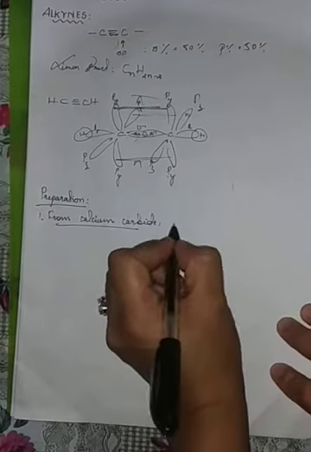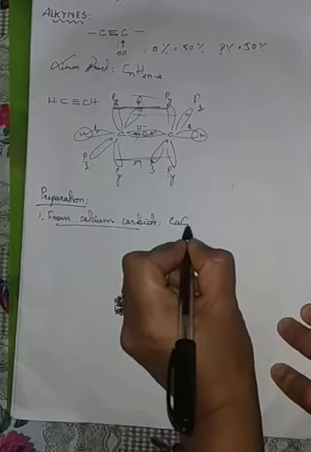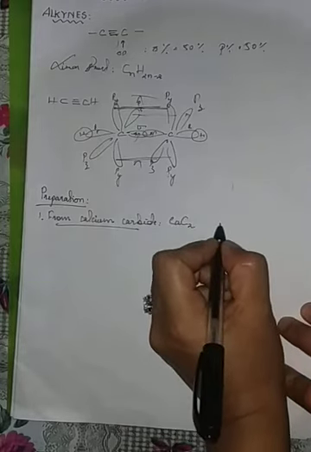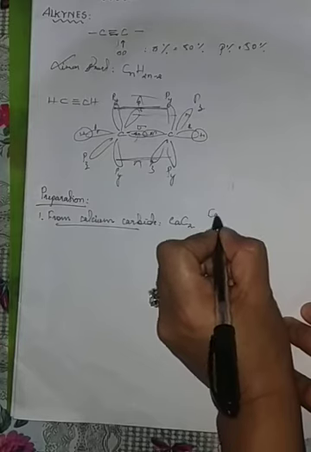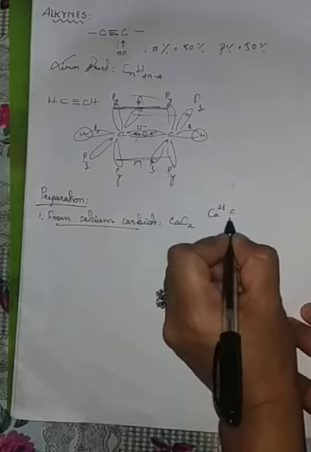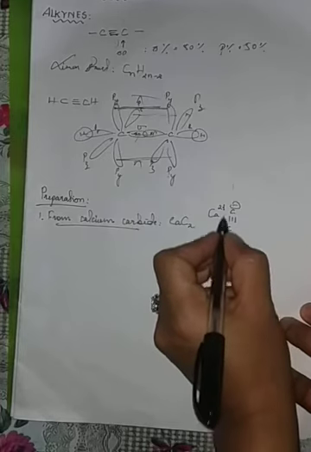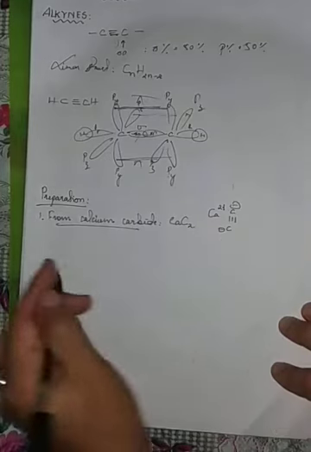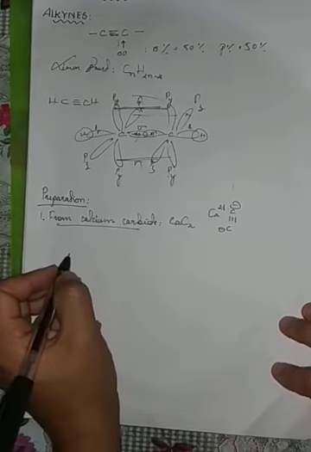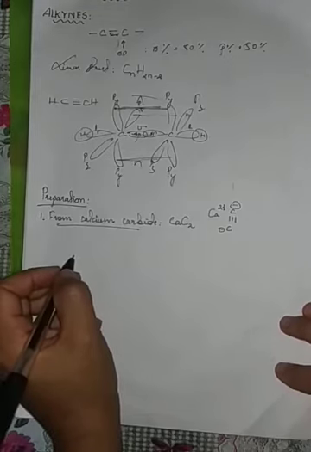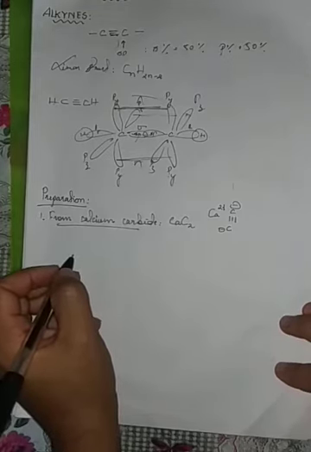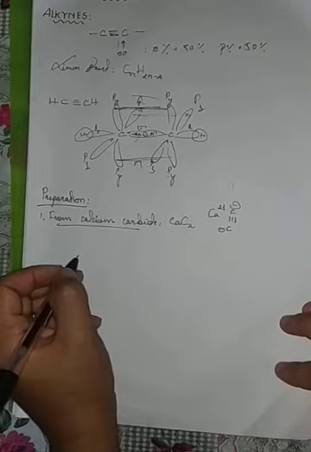It is CaC2. The structure for calcium carbide is Ca2 plus, and the carbide is carbon having a negative charge to neutralize the Ca2 plus. Now, how is it prepared from calcium carbide? On a large industrial scale, ethyne is prepared by treating calcium carbide with water.